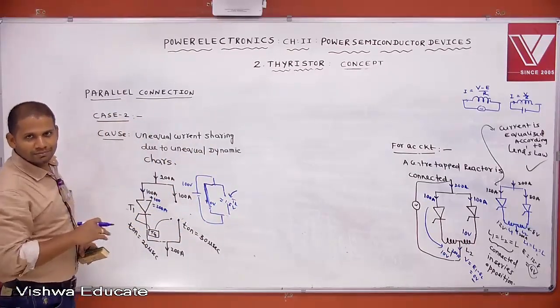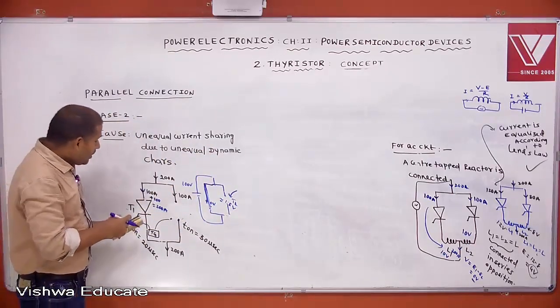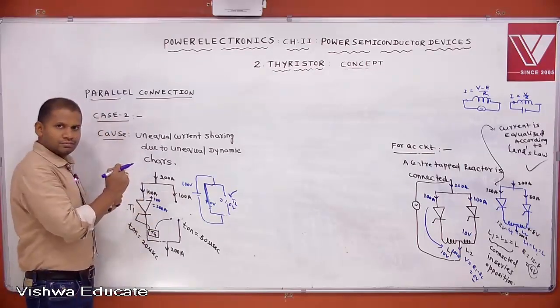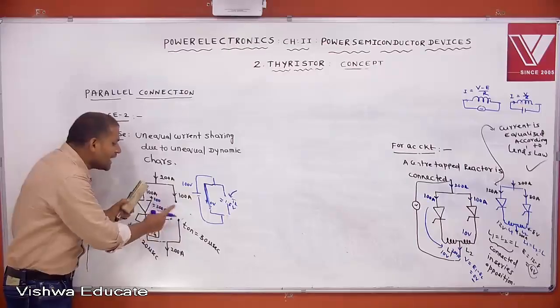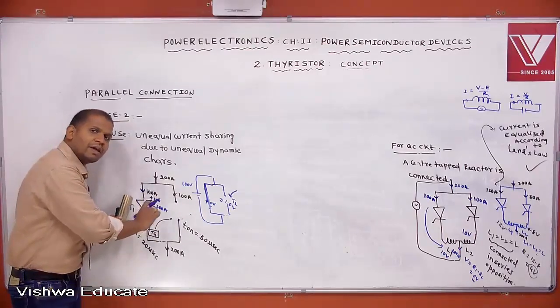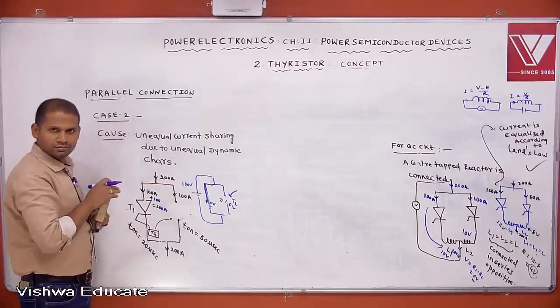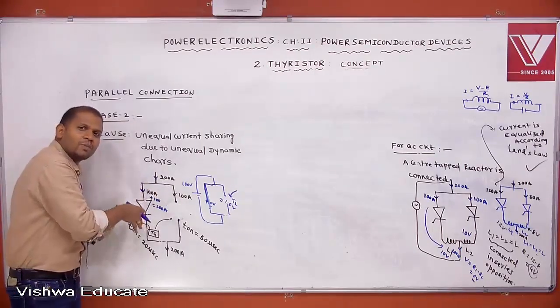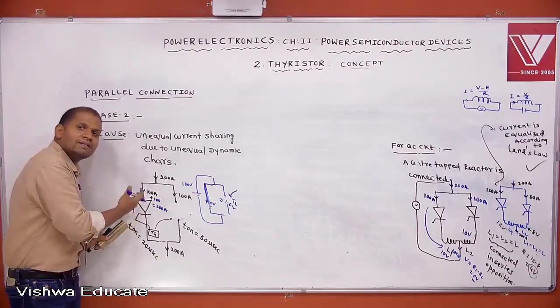That is the problem. If you give the triggering pulse for both the SCRs at a time, because of unequal dynamic characteristics, one SCR will turn on first and the other SCR will not turn on. Then the total current is passing through one SCR, and that SCR may be damaged.